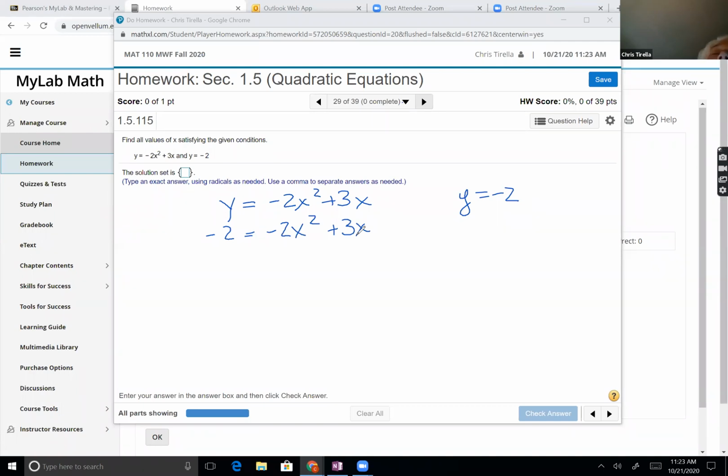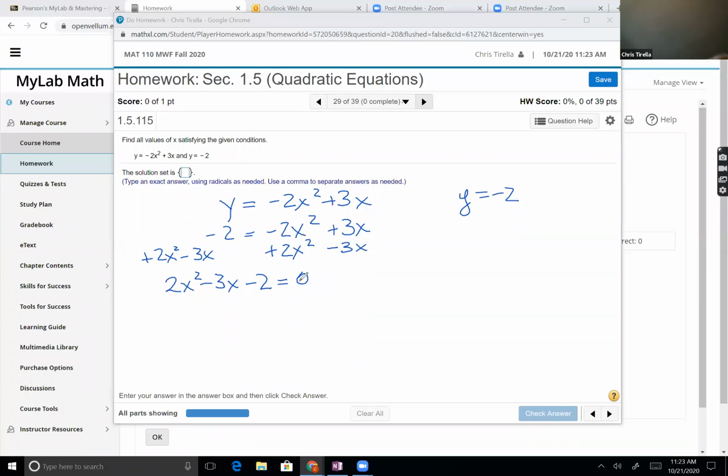And this one, I'm going to do something that some people might think counterintuitive. I hate it. I think it's ugly when my leading coefficient is negative. So to avoid that, I'm going to make that right-hand side 0. And so that gives me 2x squared minus 3x minus 2 equals 0.